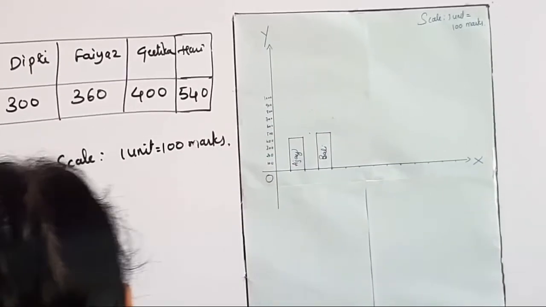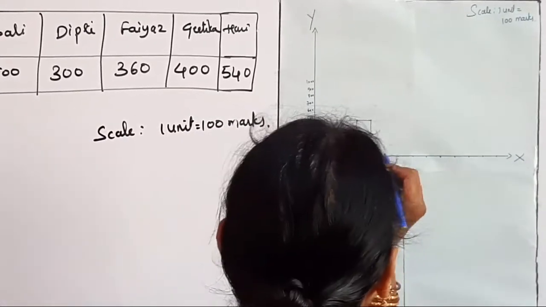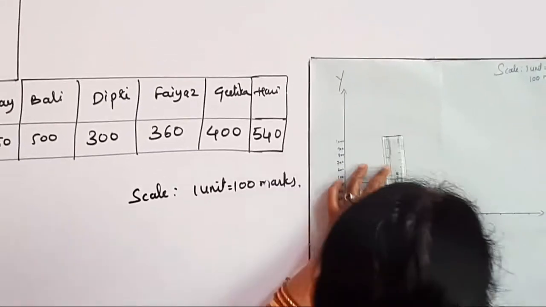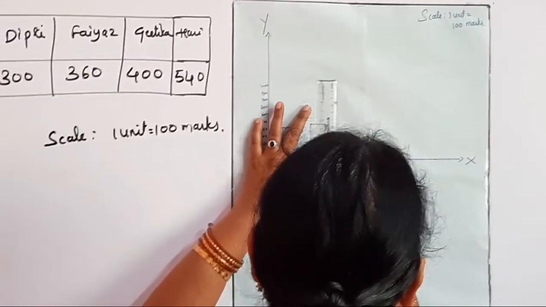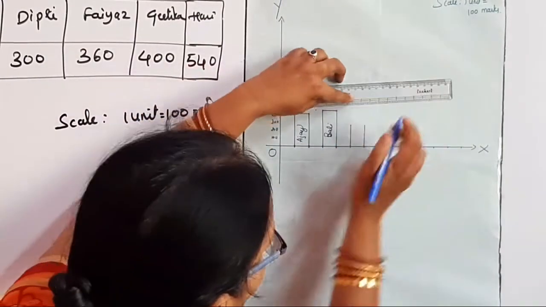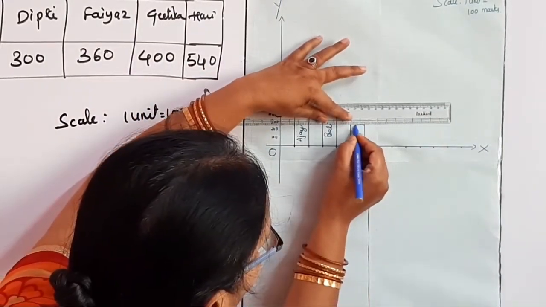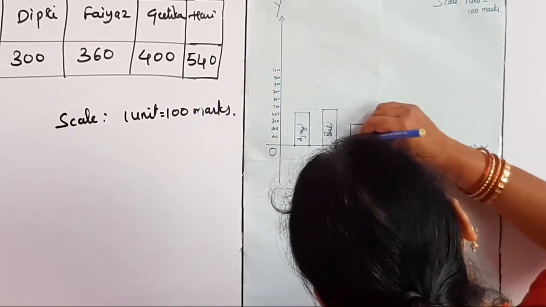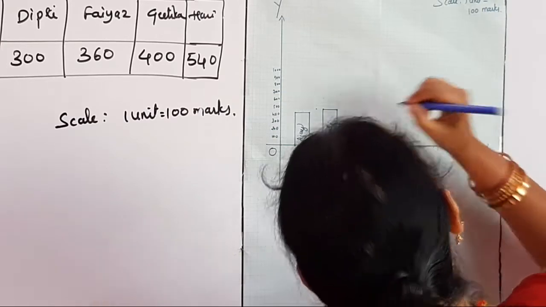Okay. Next, Dipti 300. 300 is here. See, Dipti. See, 300. Whose is this? Deepti.